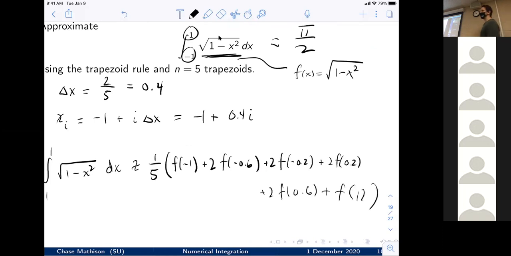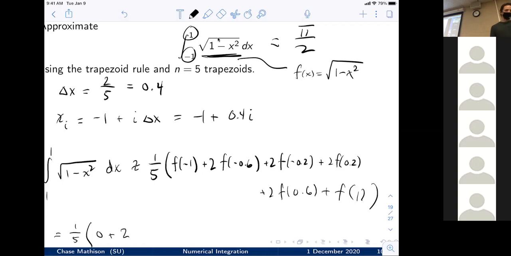Okay. You're going to get really into writing down the 2's. You need to remember to not write a 2 on the last function evaluation. Okay, so this is equal to 1 over 5 times, what is f of -1? Zero, very good. 1 minus -1 squared is 0, and I take the square root of that, I get 0.